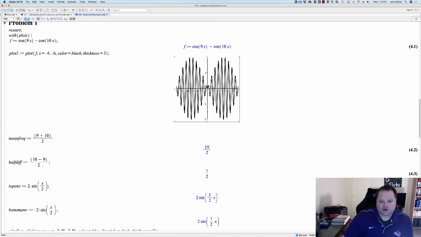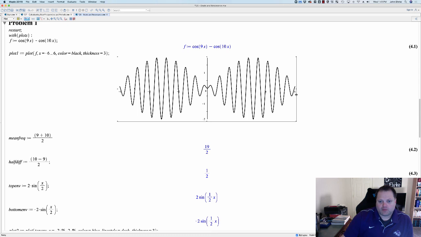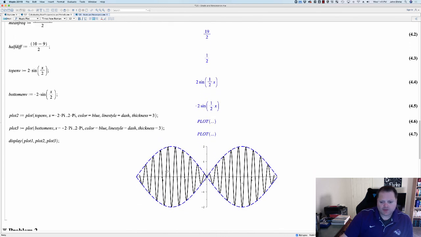So this is just the curve plotted. But when you look at this graph, there are actually two oscillations. There's the rapid oscillation that's plotted, but then there's the outer oscillation that acts as a modulator for the amplitude of the signal. So that's where this two frequency behavior is coming in.